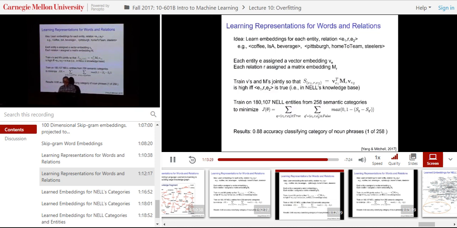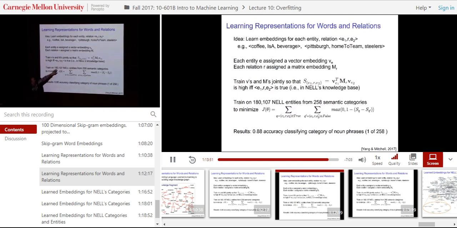It's a dot product. I get a scalar, a value out. So we thought, we'll just train this so that the value of that scalar is high if the relation is true, that is, if Nell believes it, and low otherwise.